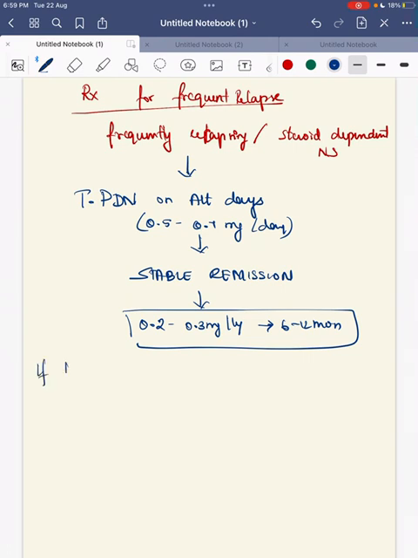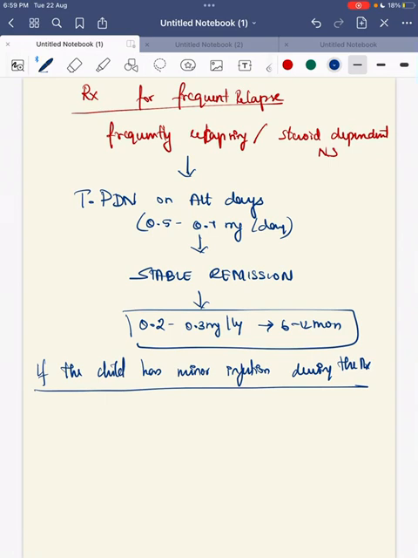Okay. Next, if the child has a minor infection during the treatment with the steroid, whether you have to stop the steroid or not. You should not stop the steroid.